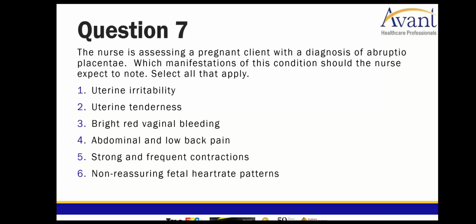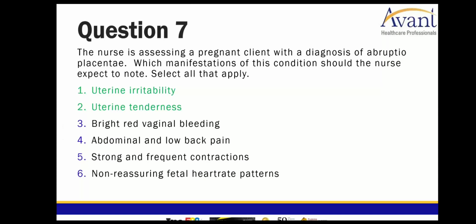So what would be some manifestations? Let's think about it. Some things are just kind of logical. For example, would you expect uterine irritability? It sounds like the uterus would be very irritable. Would you expect uterine tenderness? Absolutely. Would you expect bright red vaginal bleeding?